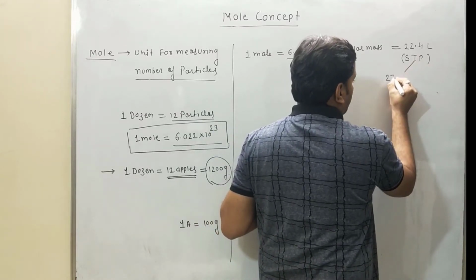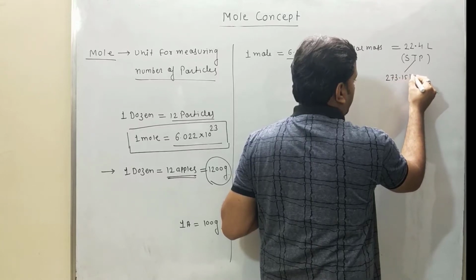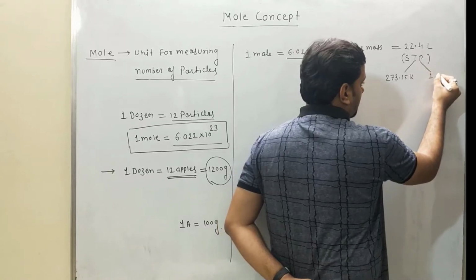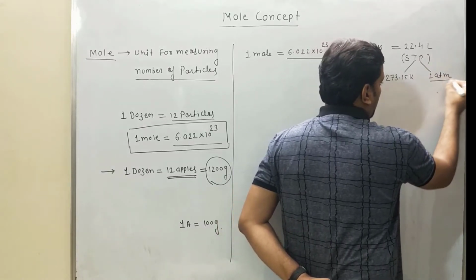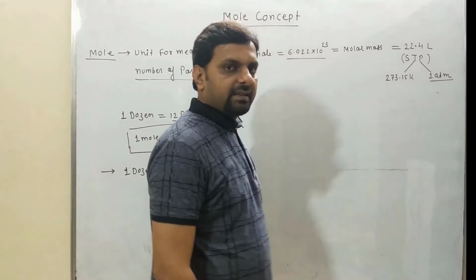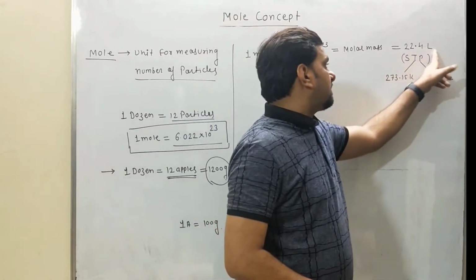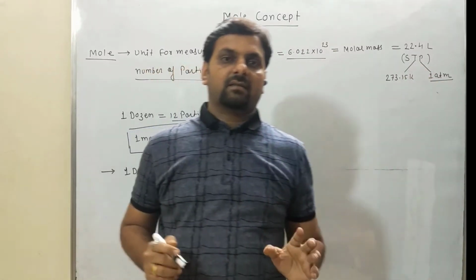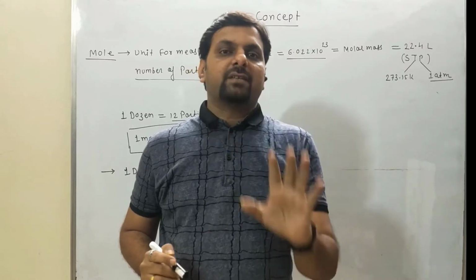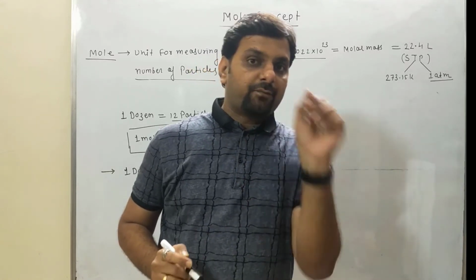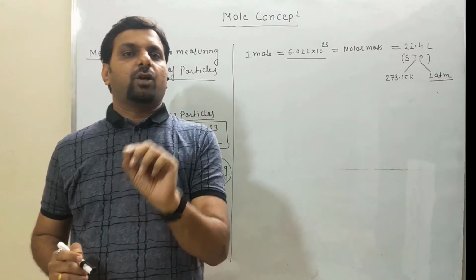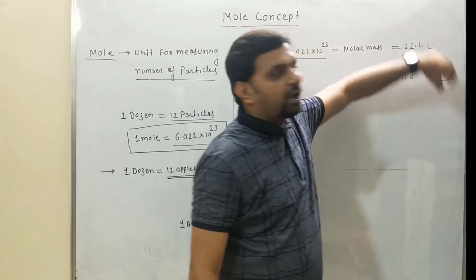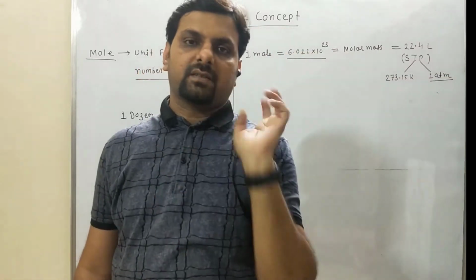Standard temperature is 273.15 Kelvin, simply you can write 273 Kelvin, and pressure is 1 atm, that is 1 atmospheric pressure. Here we consider volume at standard temperature and pressure, because the volume of a gas depends on temperature and pressure. If you change temperature and pressure, the volume of the gas will also change. Therefore, we consider this volume at standard temperature and pressure.